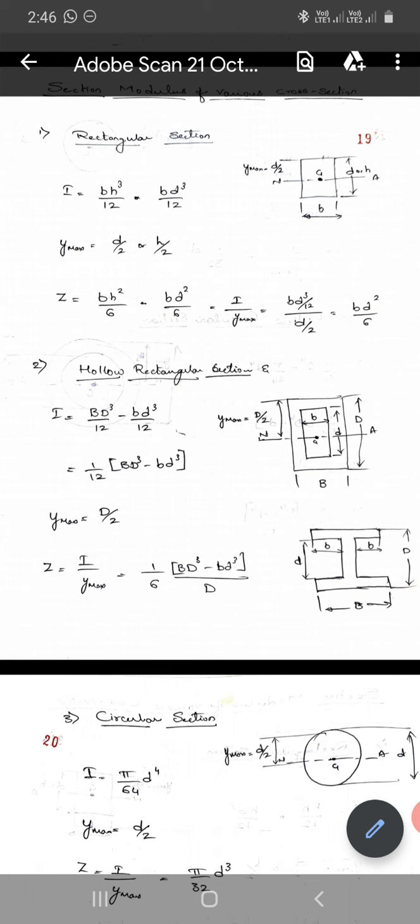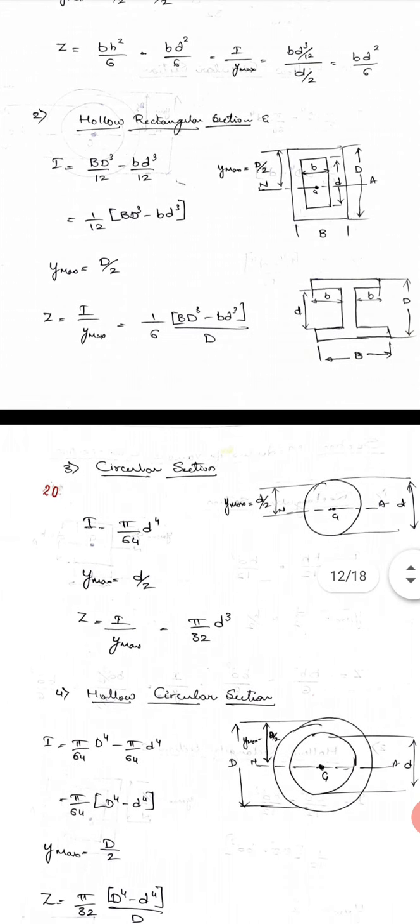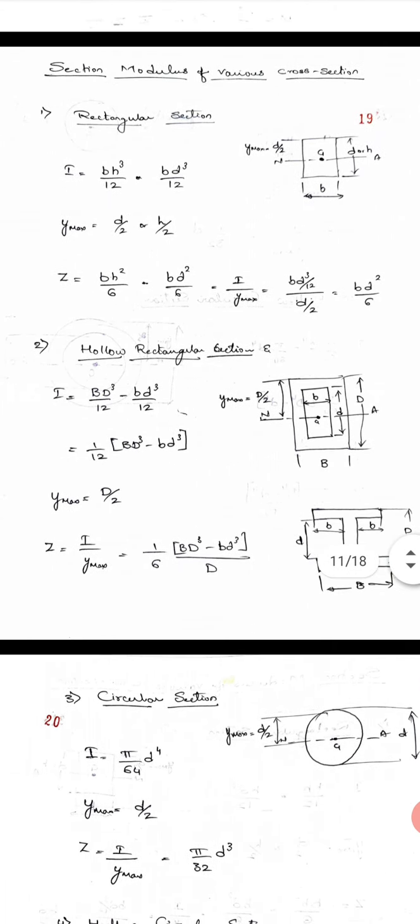Same formula applies to symmetric I section also. Symmetric I section means the above flange and below flange should be same. So capital D, capital B, and small d is the web section of the I, and BB is the total flange section.